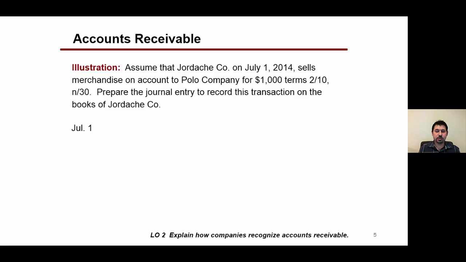So on July 1st, the company has made the sale for $1,000 on account, because it says here that the terms are 2/10 net 30, which means this is on account. As a result, the company would debit accounts receivable $1,000 and credit sales revenue $1,000.